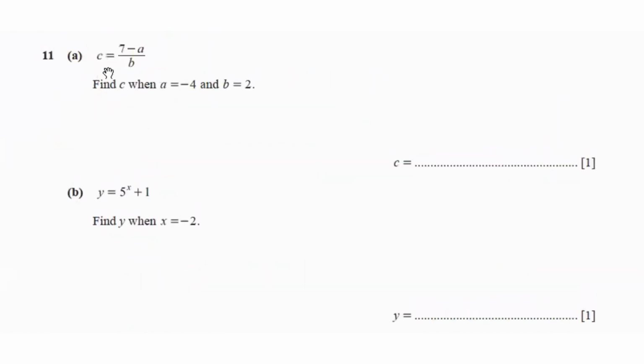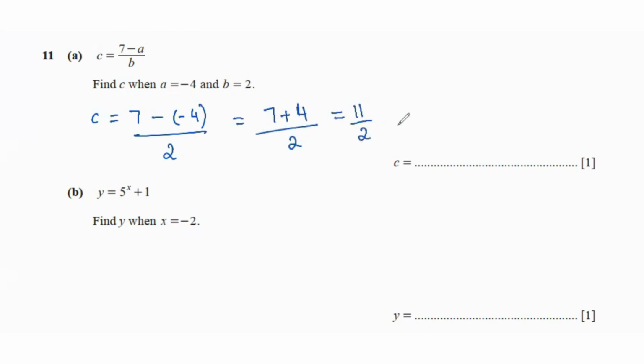In question 11, it says C equals 7 minus A over B. Find C when A equals -4 and B equals 2. So you just substitute the values. 7 minus -4 over 2, which is 7 plus 4 over 2, and that's 11 over 2. Then it says y equals 5 to the power of x plus 1.